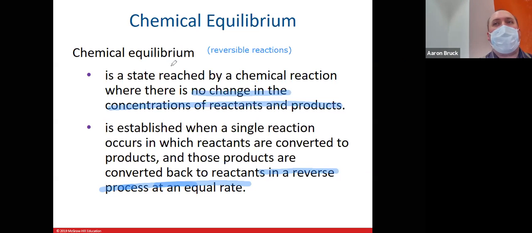That's why we don't see any change. But the forward reaction is still going. The reverse reaction is still going. Both reactions are occurring at the same time. They just happen to be occurring at the same rate. So to us on the outside, we see no net change. But inside, there are constant changes going on at the microscopic level.